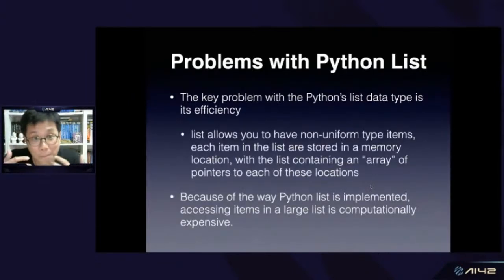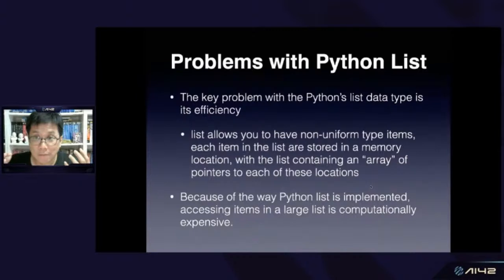Because of the way the Python list is implemented, internally they have to be prepared to be able to store items of varying data types. So it is very costly and very inefficient when it comes to accessing items in a Python list, especially if the list is huge.